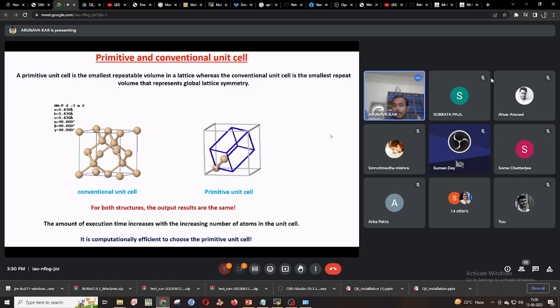When we run the silicon structure for this exercise, we will find that the system itself chooses the primitive unit cell. If you want to run the system for the conventional unit cell, you can also do so. It's for your exercise to check that the conventional unit cell and primitive unit cell give the same result. So we'll choose the primitive unit cell for this system.